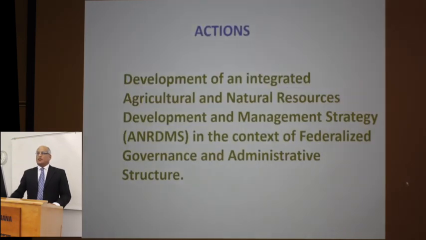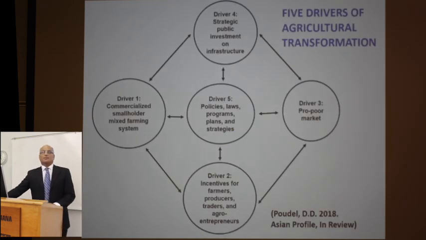area. So with this condition, it is clear that the first and foremost activity to be done in the current context is developing an integrated agricultural and natural resource management strategy in the federalized governance and administrative structure.